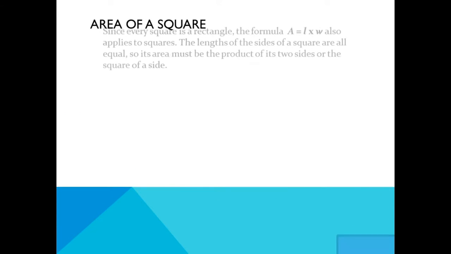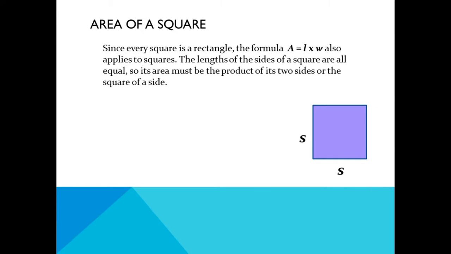Now, since every square is a rectangle, the formula A is equal to length times width also applies to squares. The lengths of the sides of a square are all equal, so its area must be the product of its two sides or the square of a side.